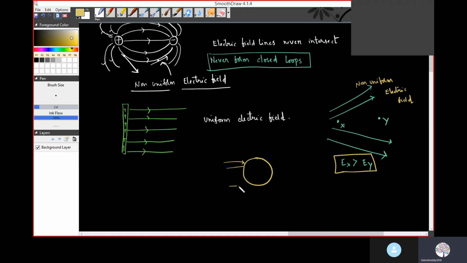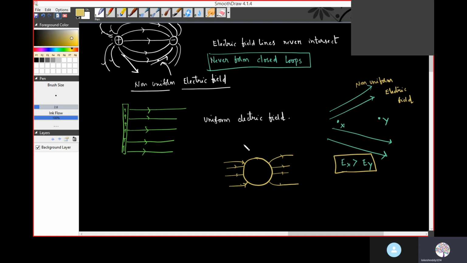So here they will go perpendicular to the surface. When you place it, they won't travel through the hollow space. They are always perpendicular to the surface, and they don't travel through the hollow space.